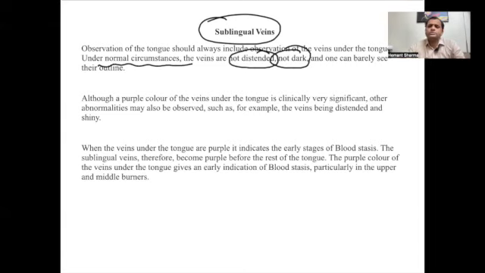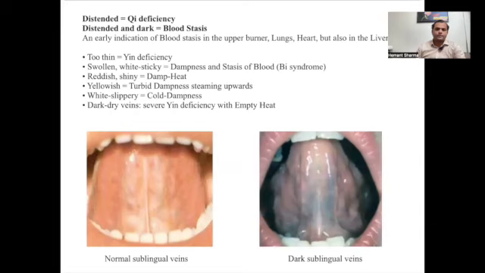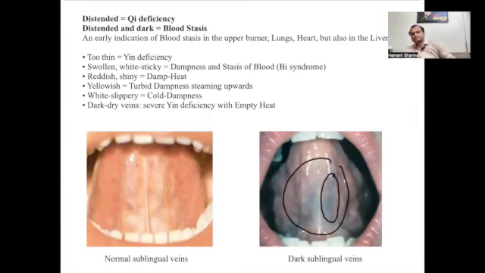And you can hardly see even the outline of the veins. Rarely can you see the outline of the veins. So generally these veins are not visible. You can see in this image, it's clearly visible and clearly distended. Generally, they are not distended. But if they are distended, it means there is a problem.